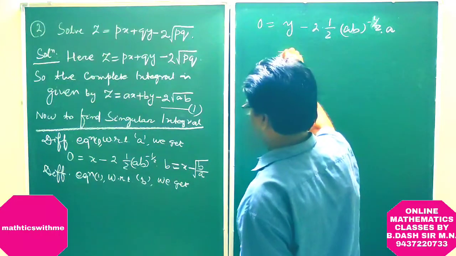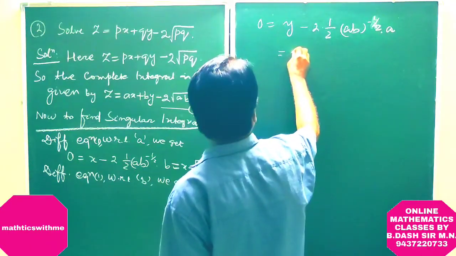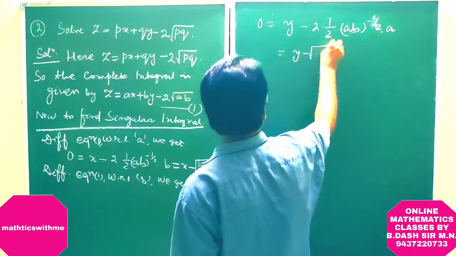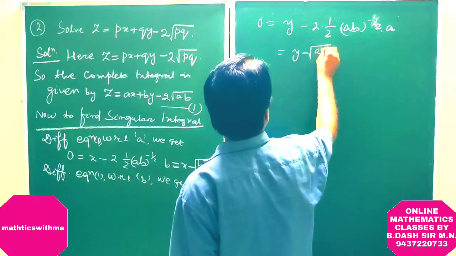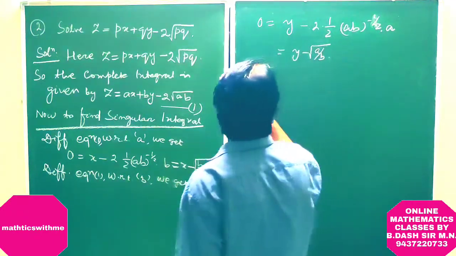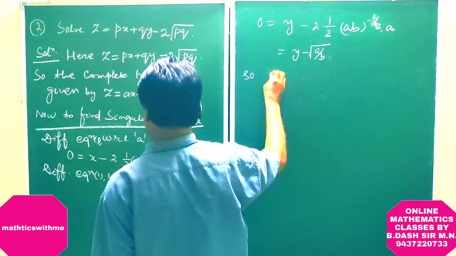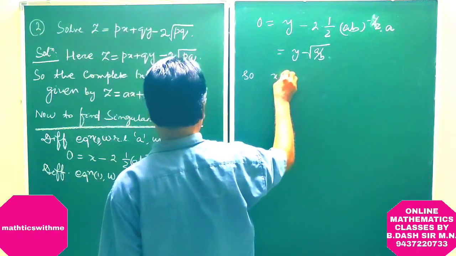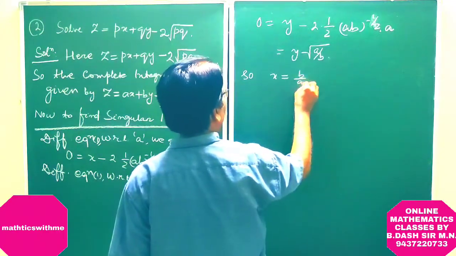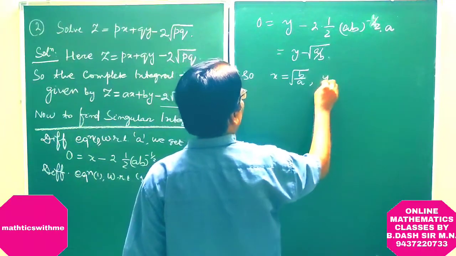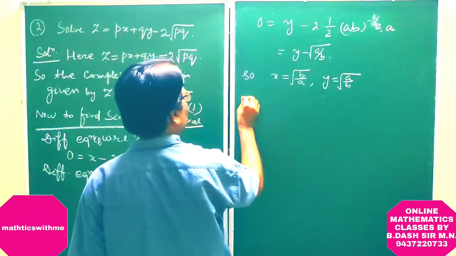So this is equal to y minus root over of a by b. So x is equal to root over of b by a, y is equal to root over of a by b.